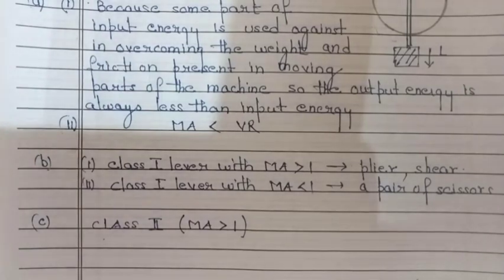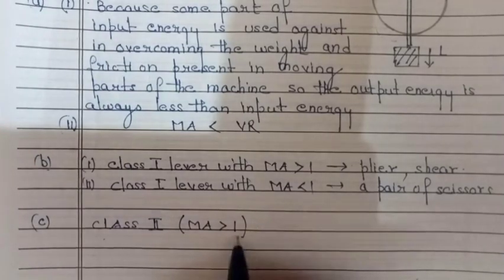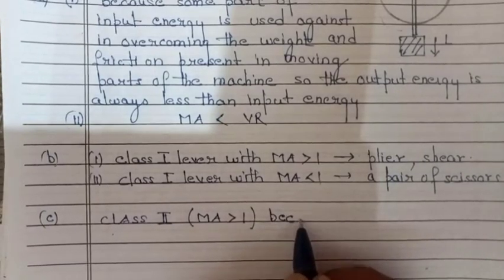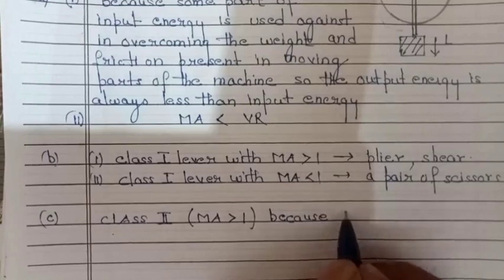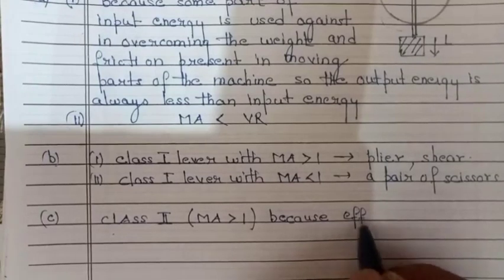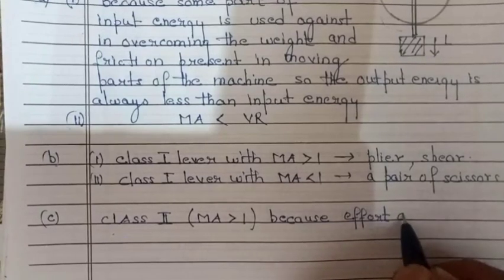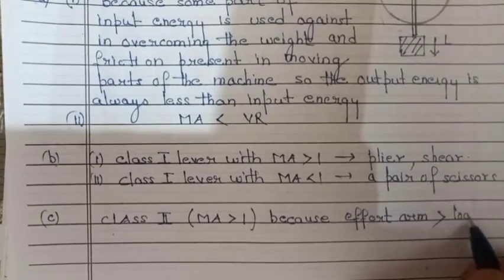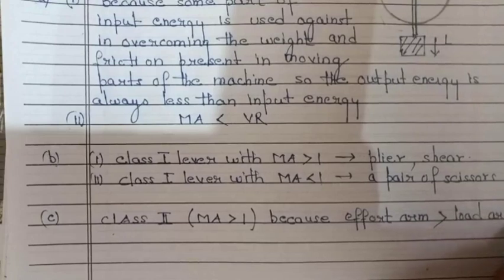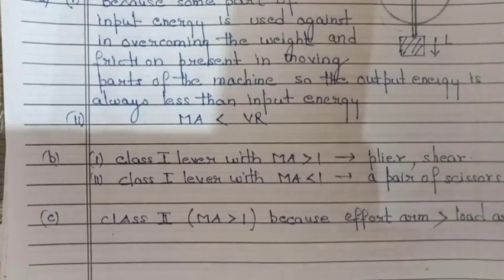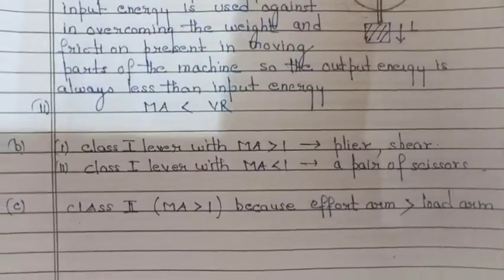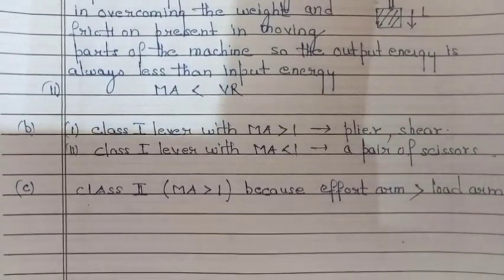Then we have to give the reason why its mechanical advantage is always greater than 1, because in class 2 lever, effort arm is always greater than load arm. So this is the reason why mechanical advantage of class 2 lever is always greater than 1.